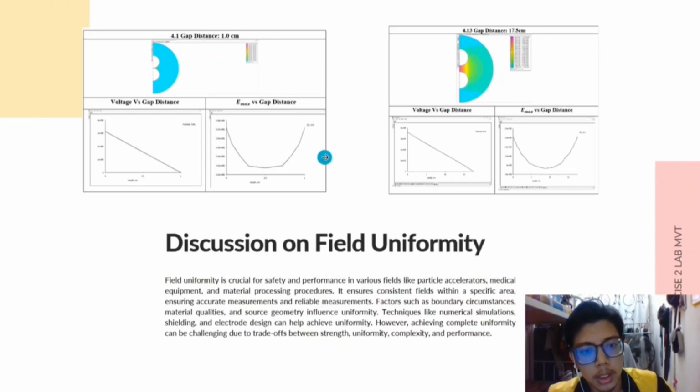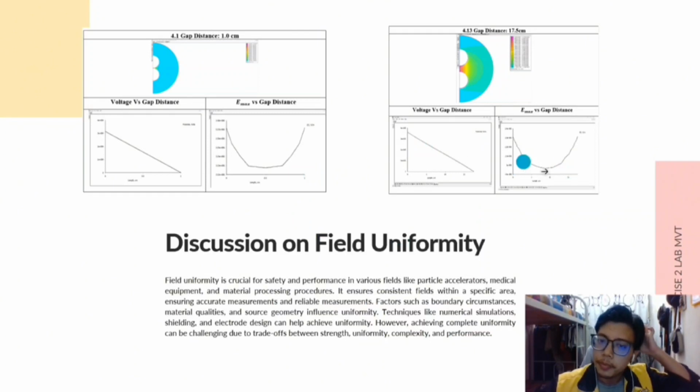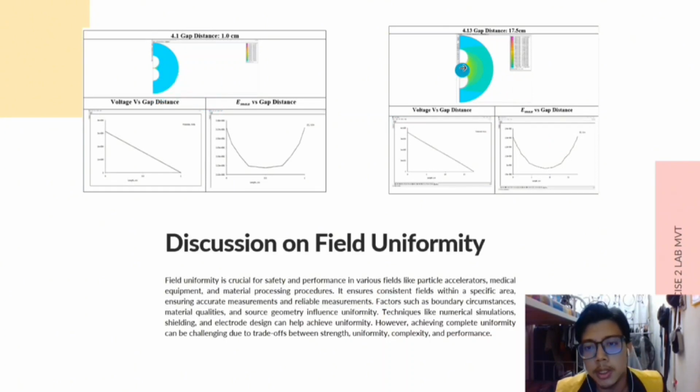And for the Emax versus gap distance, the start of the graph is small, but there is some distortion. There is no uniformity in the gap because Emax decreases when the gap is bigger. And as you can see, the result also shows that when the gap is near, there is stronger Emax, and when the gap is longer, there is less Emax.